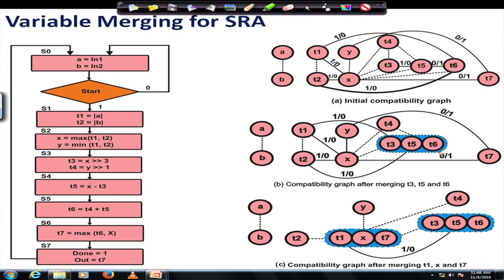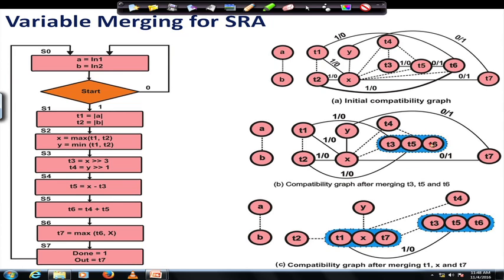Those of you who are aware of algorithms, I can go by some greedy method, or branch and bound, or some linear programming approach. Different approaches can be used to find out what will be optimum for me. So, here we have taken T3, T5, T6 to be merged.